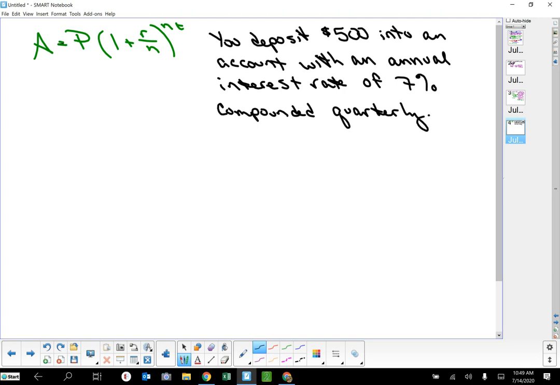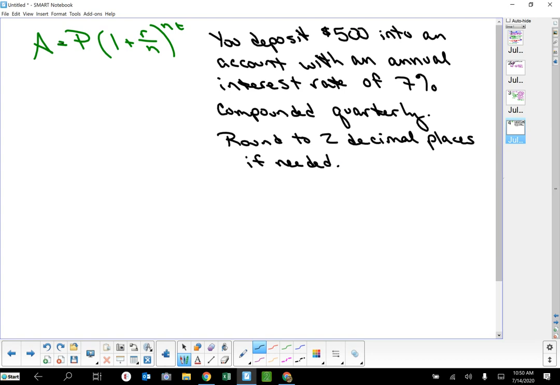Use the formula A equals P times the quantity 1 plus R over N, all to the NT power, and round each answer to 2 decimal places if needed. Okay, so that's the information.